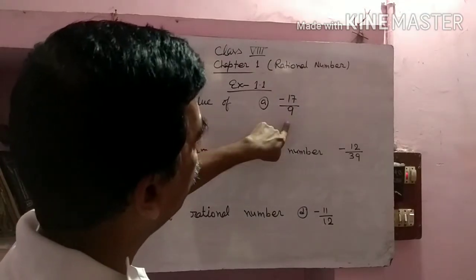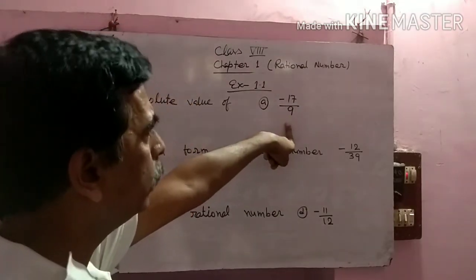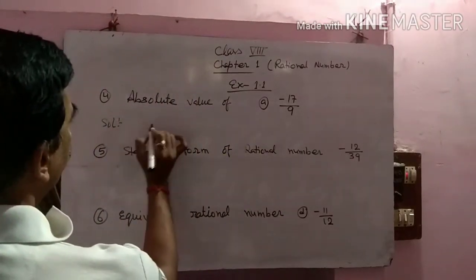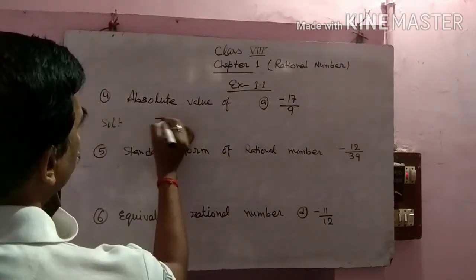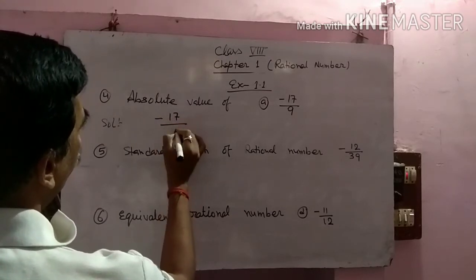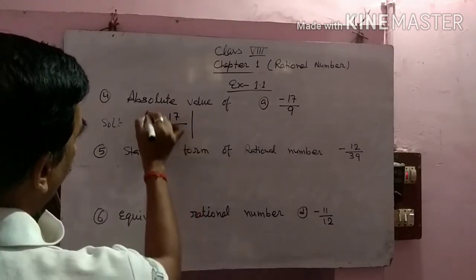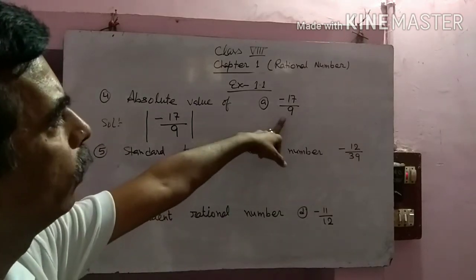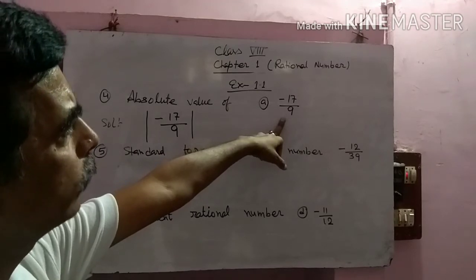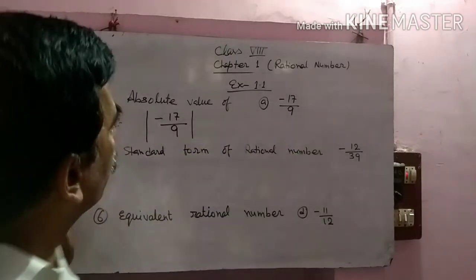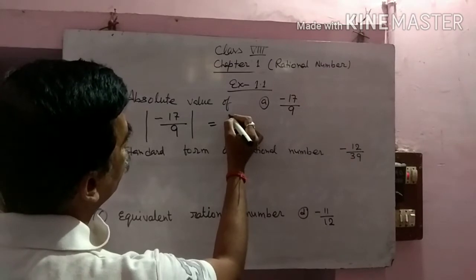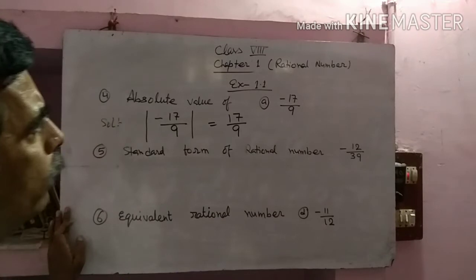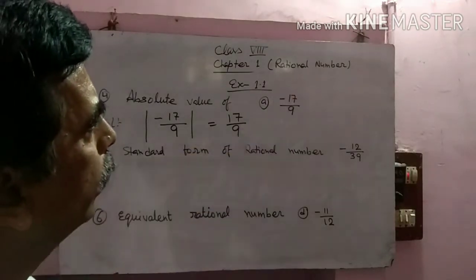Minus 17 by 9 is a negative rational number, so we write it inside the modulus. The absolute value of any negative number becomes the positive of that number. So 17 by 9 is the absolute value of minus 17 by 9.